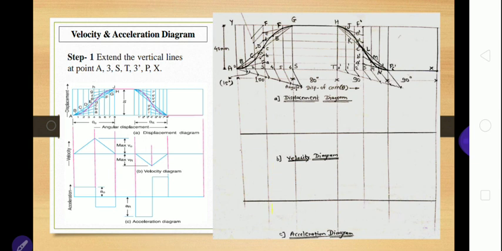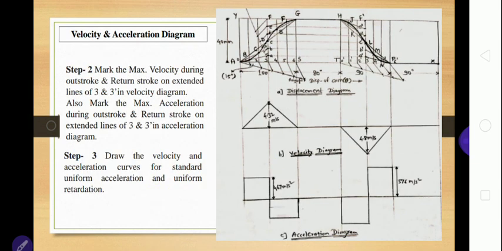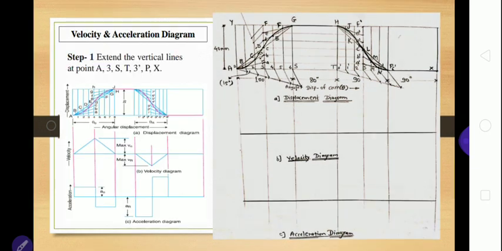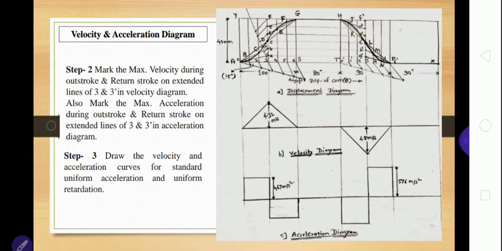You have to extend lines, and on that line just plot the maximum velocity V0, maximum velocity VR, maximum acceleration A0, and maximum acceleration AR with a suitable scale, and draw the shape of these velocity and acceleration diagrams as per the standard cases. Just this we have to do in this last step for this type of problem.